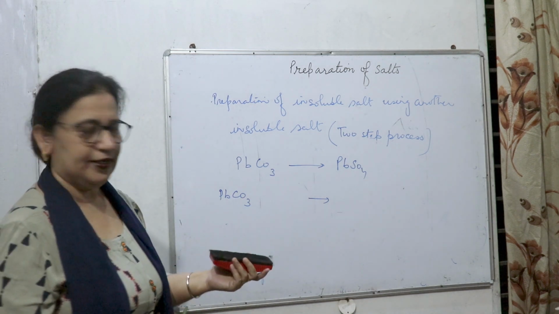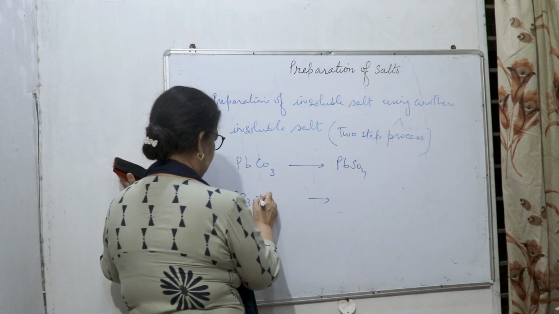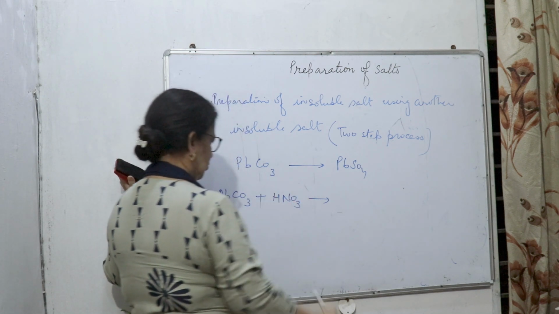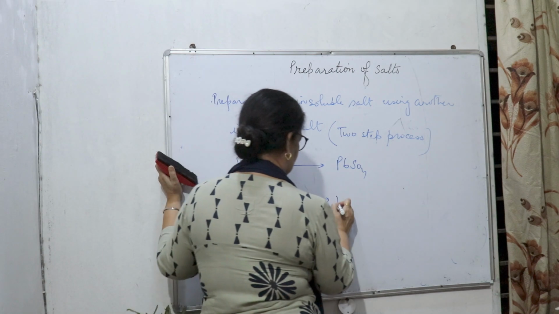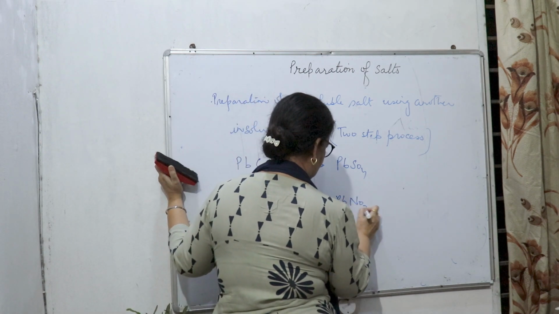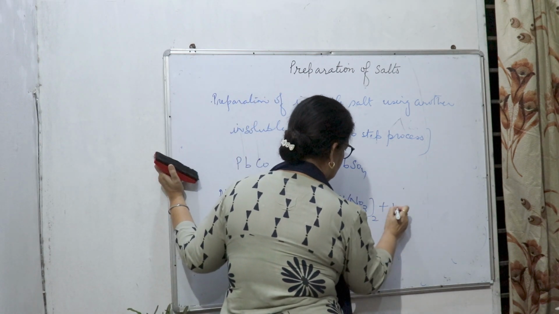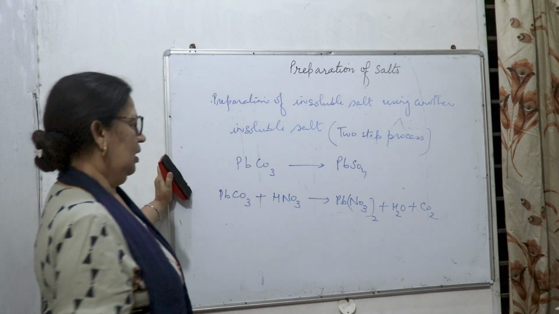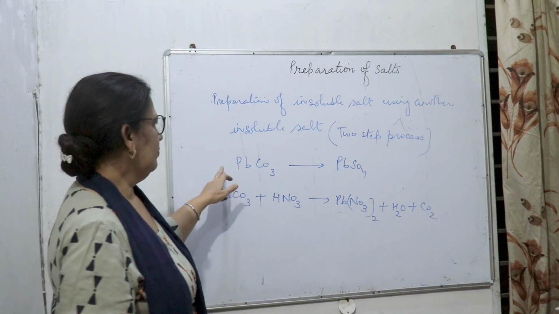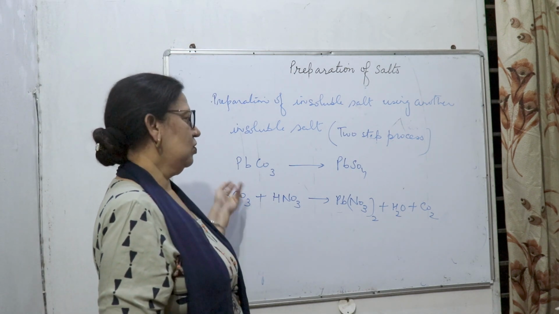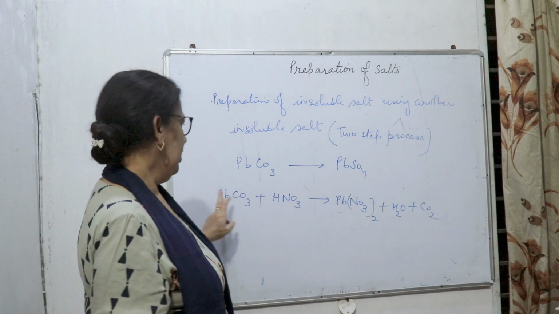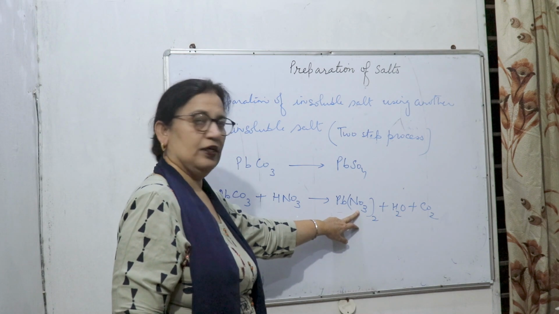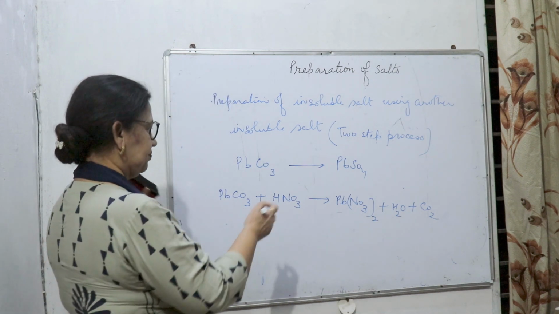We know that all nitrates are soluble, so let us convert lead carbonate into nitrate, by putting HNO3, and this will convert it into lead nitrate, Pb(NO3)2, plus water plus carbon dioxide. So the first step is to convert that insoluble salt into the soluble salt.